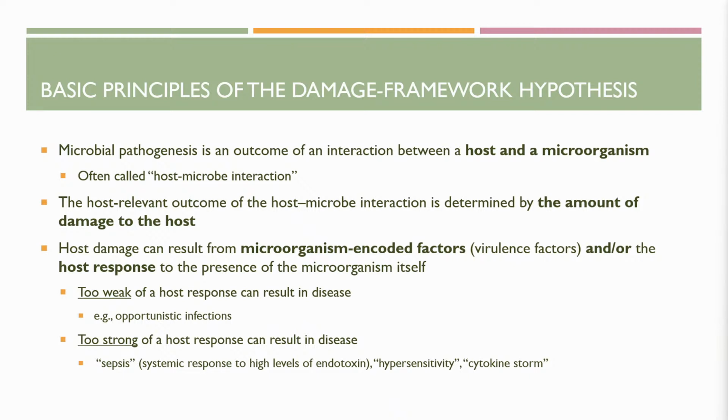We often call this a host-microbe interaction. The host relevant outcome of this host-microbe interaction is determined by the amount of damage that is done to the host. So you can't really call something a pathogen unless you know it's doing some sort of damage to the host, and in turn the host is responding through the immune system.